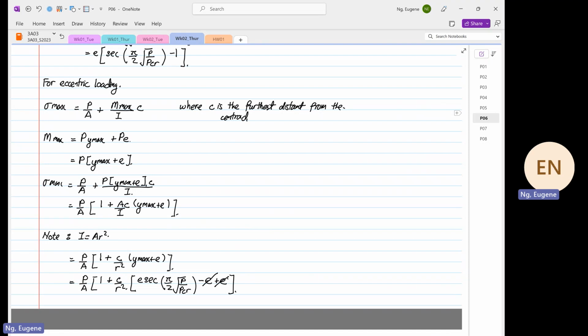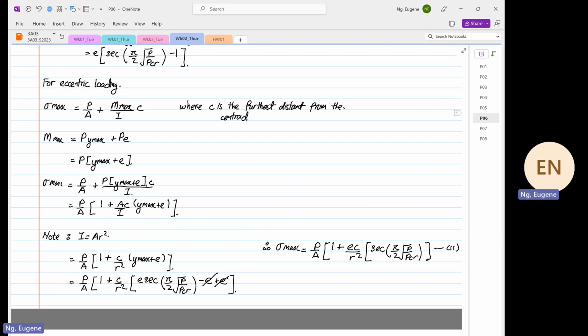So our final form of stress max for eccentric loading is equal to P over A, 1 plus EC over R squared, multiplied again by secant of pi over 2 square root of P over P critical, and then I close the bracket.